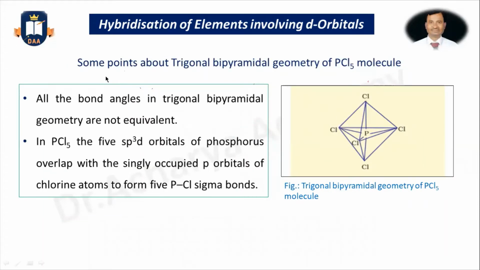Some points you have to remember for the trigonal bipyramidal geometry of phosphorus pentachloride molecules. First point, all the bond angles are not equivalent. See, this is one bond angle and this is another bond angle.